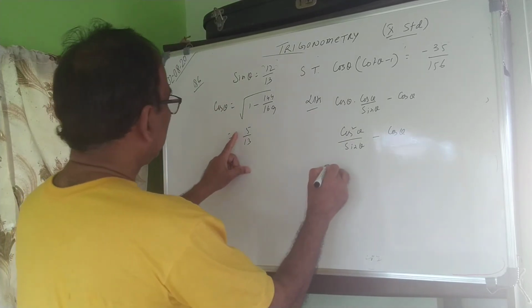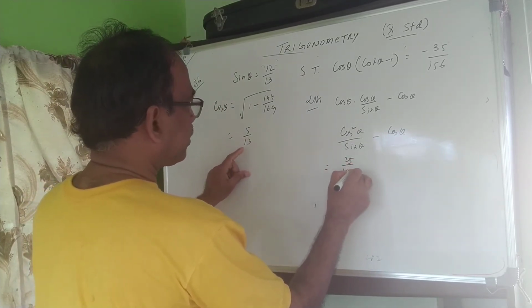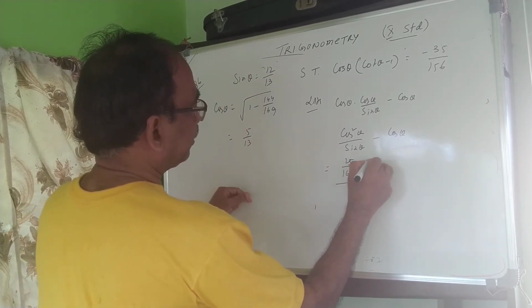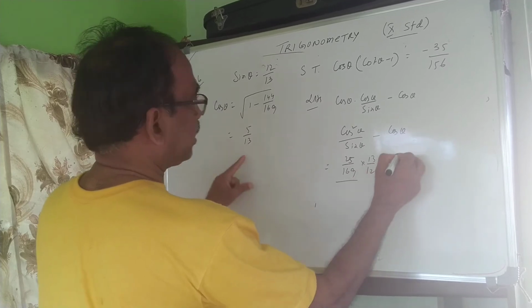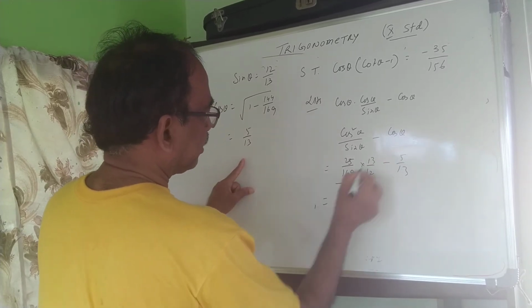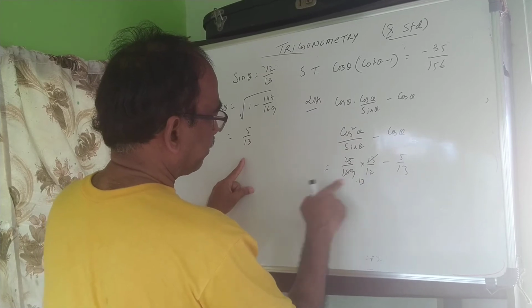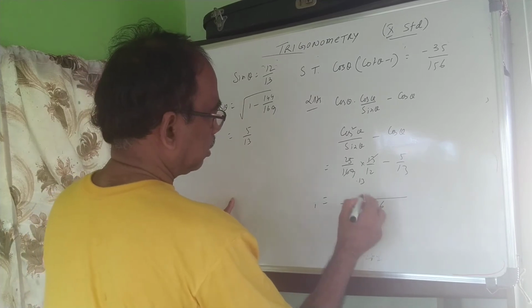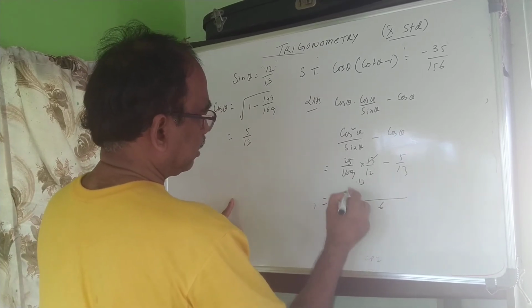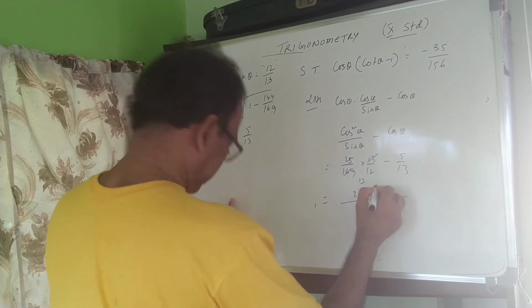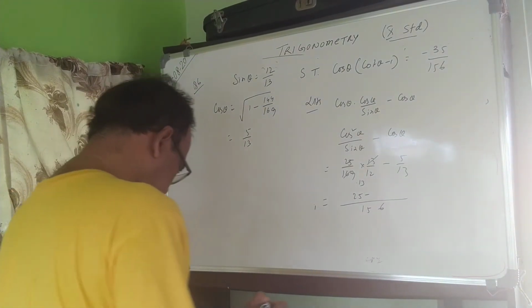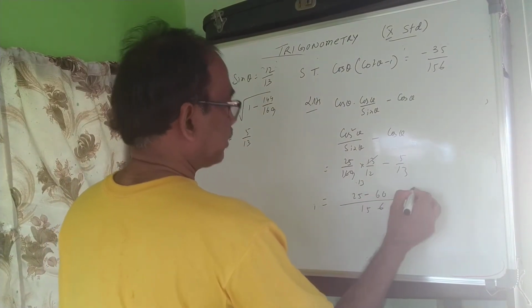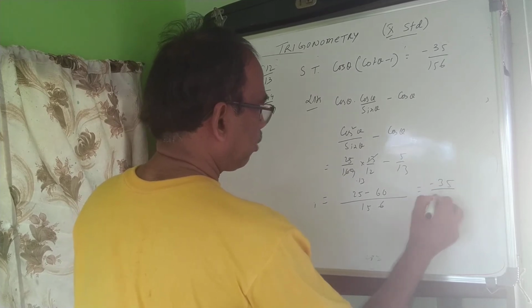Cos square theta is 25 by 169, by sin theta value 12 by 13, minus cos theta is 5 by 13. 13 into 13 is 169. That is 156 LCM. That is 25 minus 16. That is minus 35 by 156.